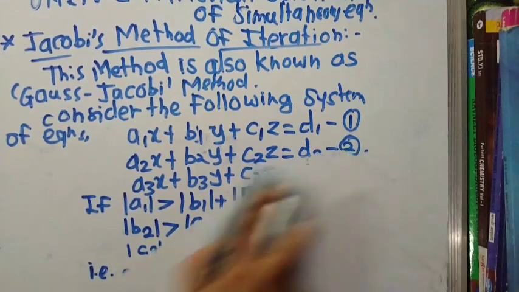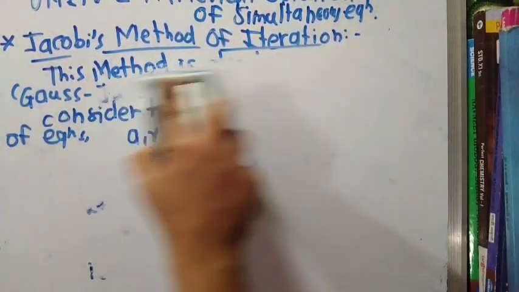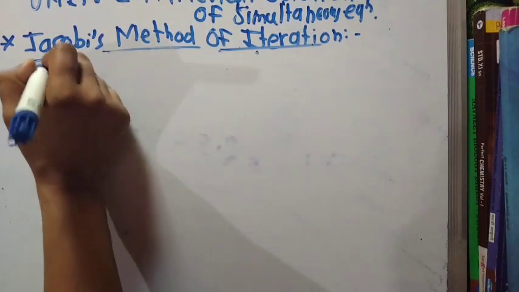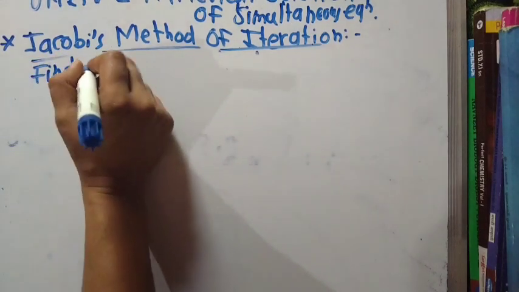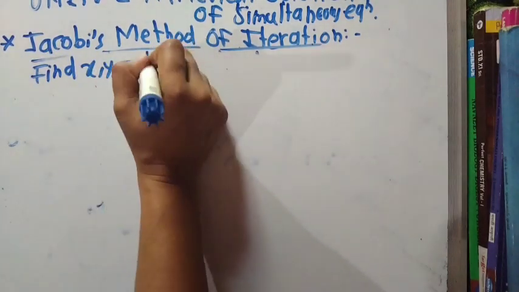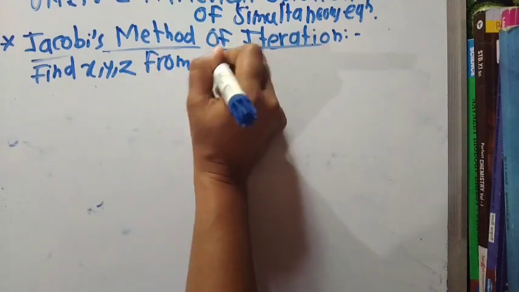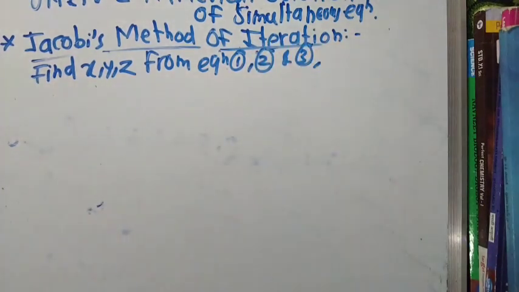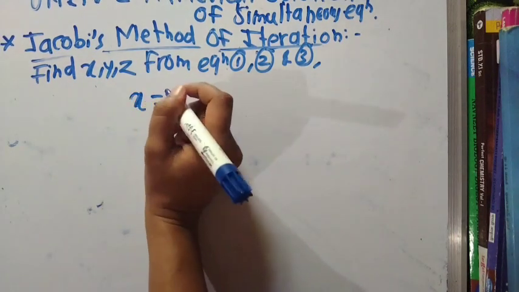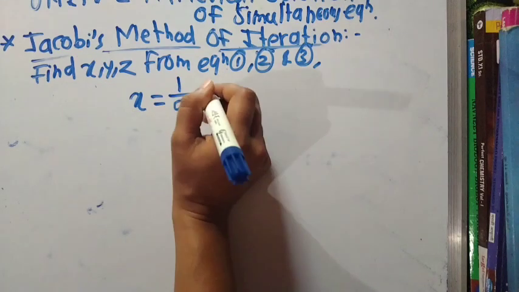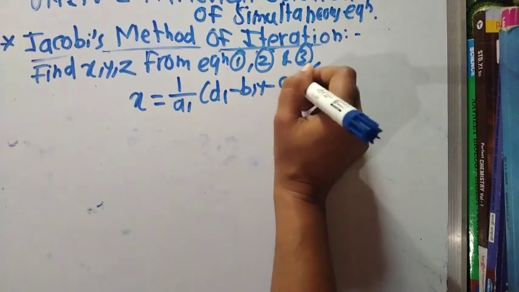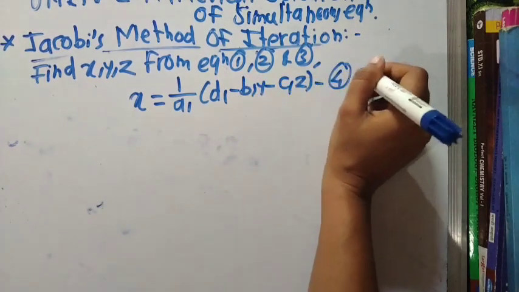Then the next step is to find x, y, z from equations first, second and third respectively. So x is equal to 1 divided by a1 (d1 minus b1y minus c1z).